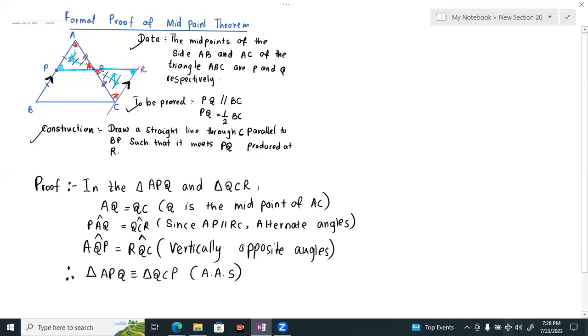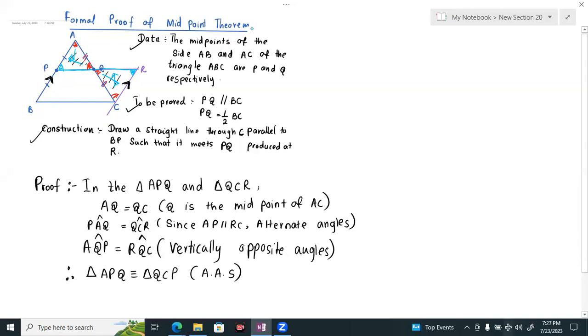These three elements are equal due to corresponding elements of congruent triangles. Remember well: the elements we did not use will definitely be equal after a congruency. The reason is corresponding elements of congruent triangles.